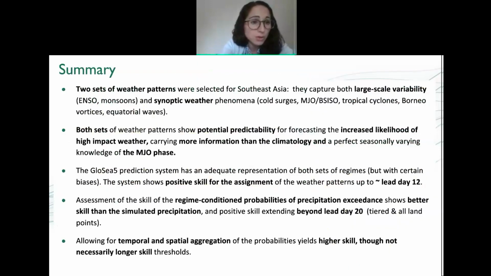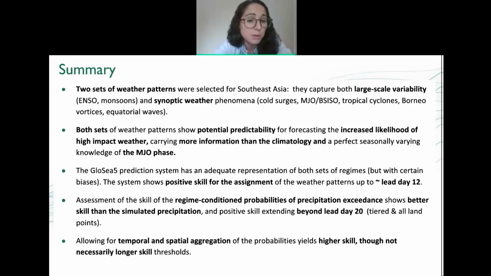So as a short summary, in this project, we considered 2 sets of weather patterns that were aiming to capture both the large scale and the synoptic scale variability over Southeast Asia. Both sets showed potential predictability for their connection with high impact weather, in particular extreme precipitation. And the GloSea5 system was generally able to describe these regimes quite well, but with some biases.